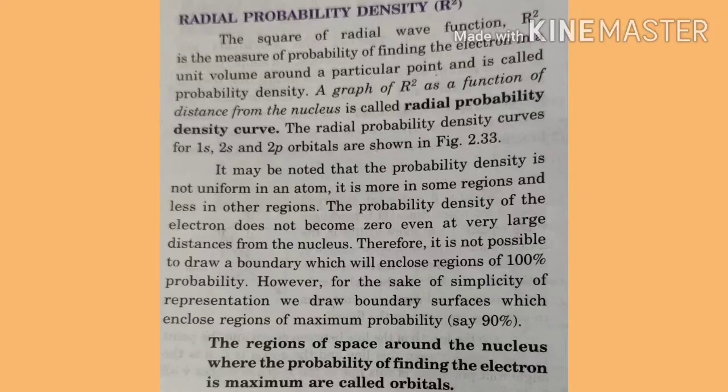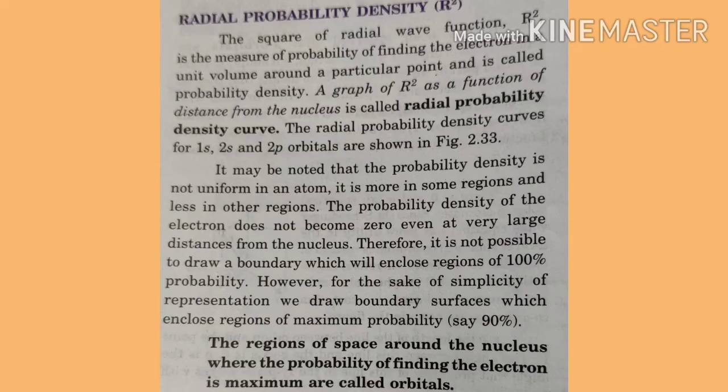The square of the radial wave function, R squared, is a measure of the probability of finding the electron in a unit volume around a particular point and is called probability density. A graph of R squared as a function of distance from the nucleus is called the radial probability density curve. The radial probability density curves for 1s, 2s, and 2p orbitals are shown in the figure.